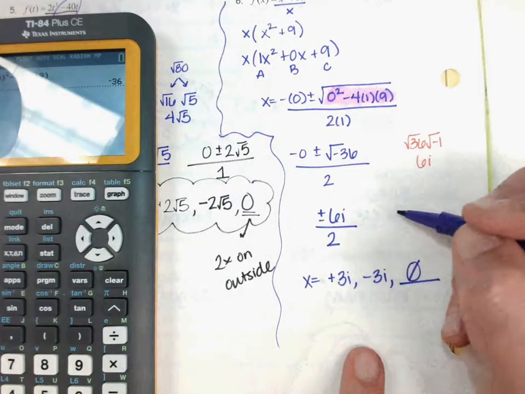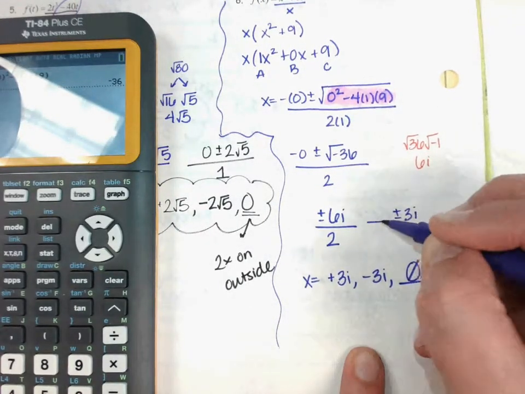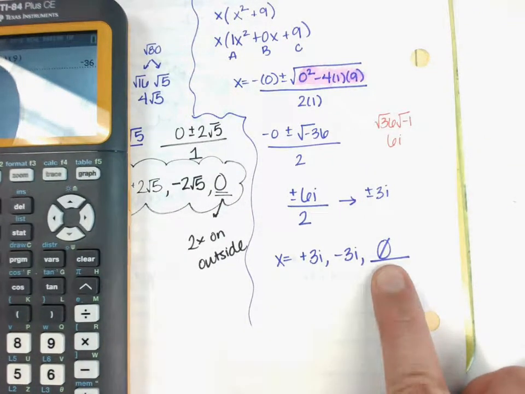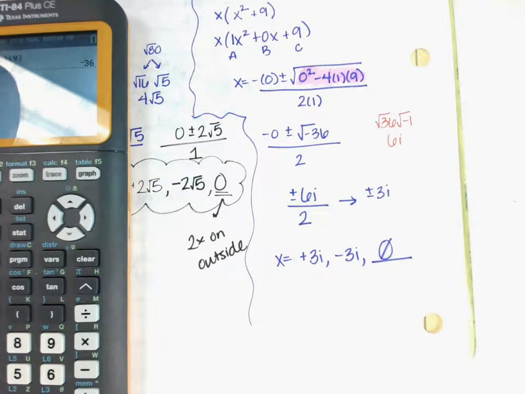So you'd get plus or minus 3i from here, but then you'd have to remember that 0 is your final solution because you had to pull that extra x out. So remove the x, 0 is an answer, then the other two you'll use the formula to find. Make sense?